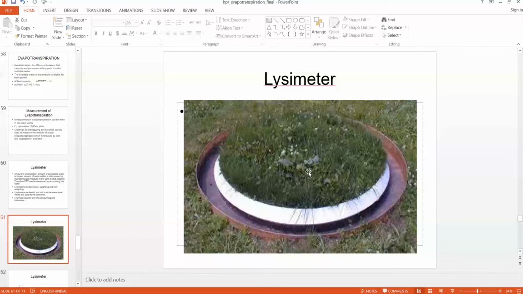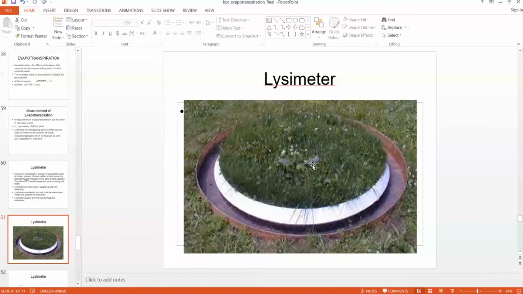We know how much water was added, and we know how much water was drained by gravity. By subtracting that, we have the amount of water retained in this container, by taking the weights.